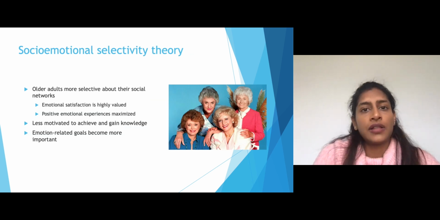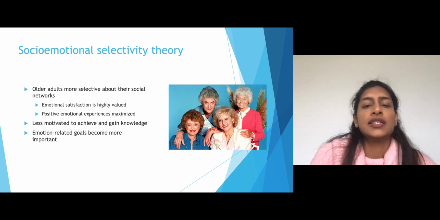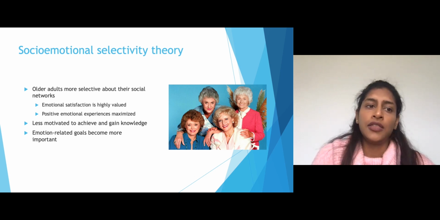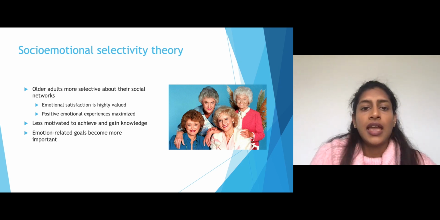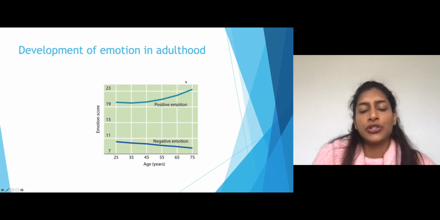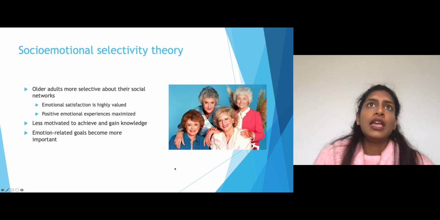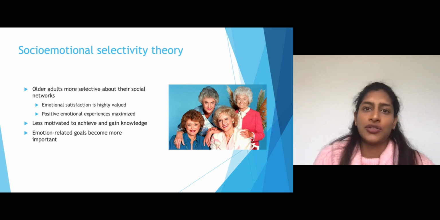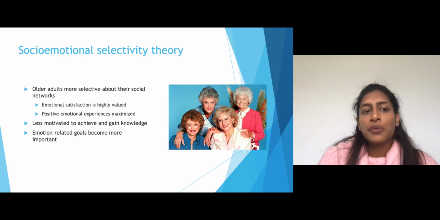And the last thing I kind of want to leave you with in this chapter is looking at something called the socio-emotional selectivity theory. And the idea here is that older adults tend to be far more selective about their networks. And so this might account for this increase in positive emotion that we're seeing. If a relationship isn't bringing that positivity, that emotional satisfaction, adults are much better able to kind of cut those out.